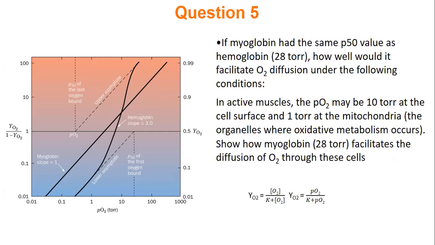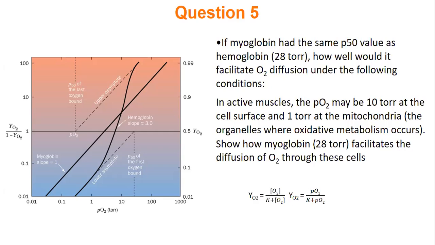One thing I do want to touch on though is we talked about this idea on Wednesday, where we calculated myoglobin, which has a P50 in the single digits. It's very low. And we said myoglobin is only 50% effective at delivering oxygen from the cell surface to the mitochondria. And we had a very long discussion about how I calculated those numbers.